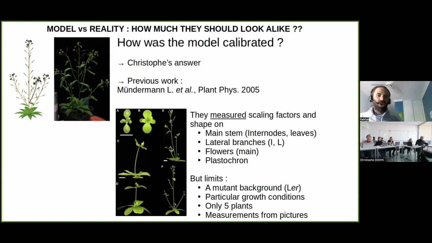The idea was to show that they succeeded in reproducing a realistic model behavior that really looks like a plant. For this, they incorporated measures on the main stem, concerning the internodes and the leaf, on the lateral branch, also for internodes and leaves. They also made precise measurements of the flower's dimension and of the plastochron.